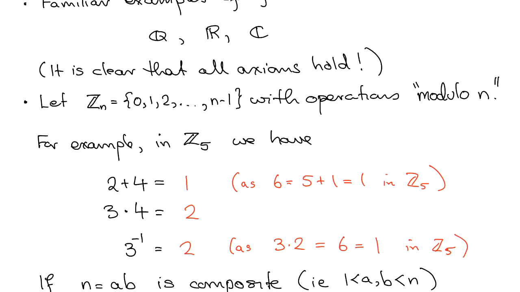Z5 just consists of 0, 1, 2, 3, 4. That's what it consists of. And the inverse of 3 should be one of those things. If we're worried which one it is, we can just start multiplying 3 by 0. Well, that's 0. 3 by 1 is 3. That's not 1. 3 by 2 is 6, which is 1. So you can just go through the list.